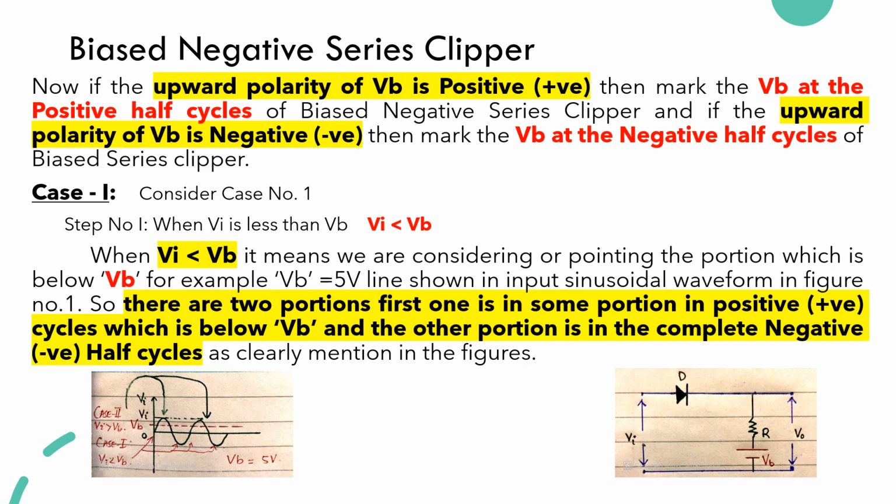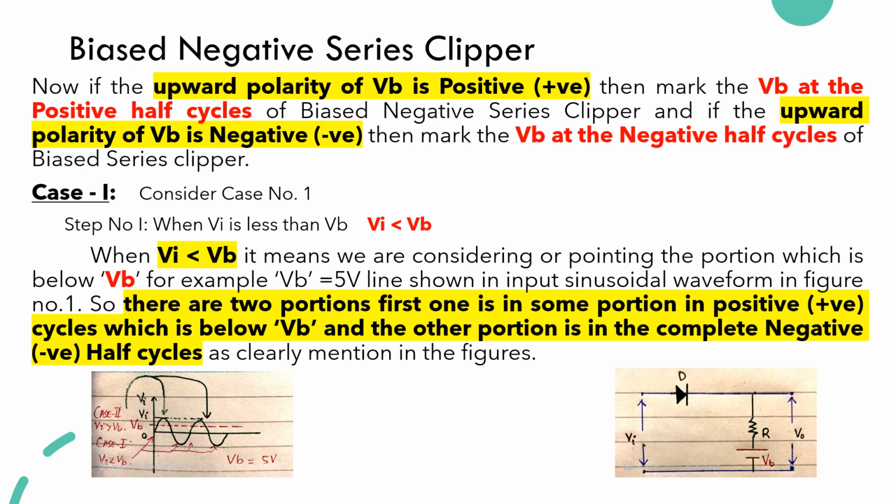If the upward polarity of VB is negative, then mark VB at the negative half cycle of the biased series clipper. So this is the first point, where we should mark VB. In this case, the biased negative series clipper, we mark VB equal to 5 volts in the positive half cycle because the upward polarity of VB is positive.